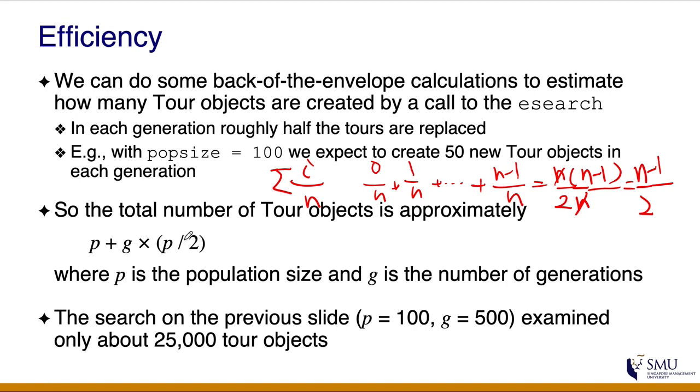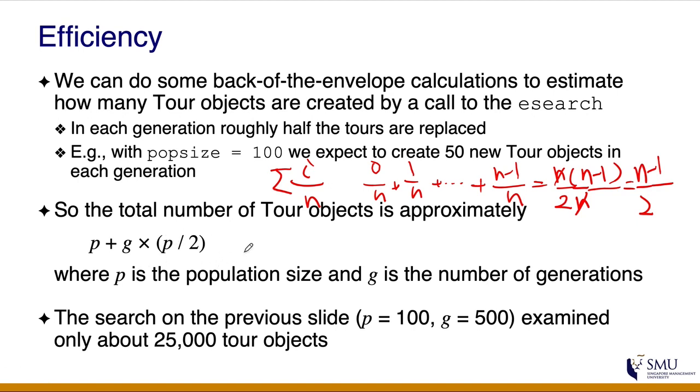So the exact number is actually population minus 1 divided by 2, but we approximate that with the population divided by 2. And then again, every generation you generate P over 2 new tool objects. So the total number of tool objects that you generate will be generation times P over 2 plus P.